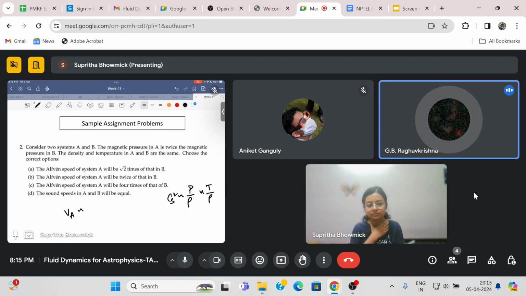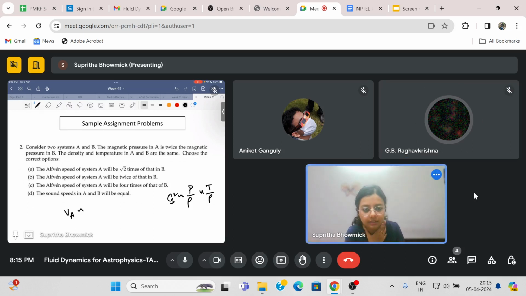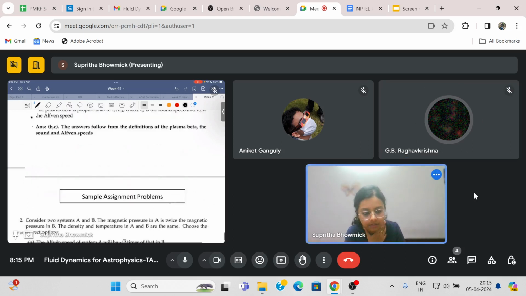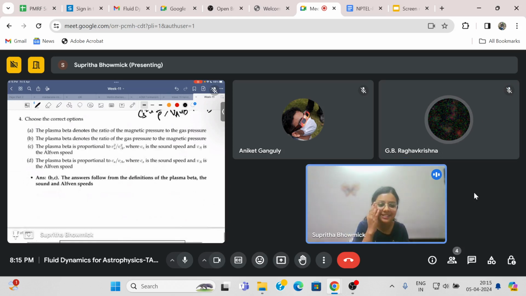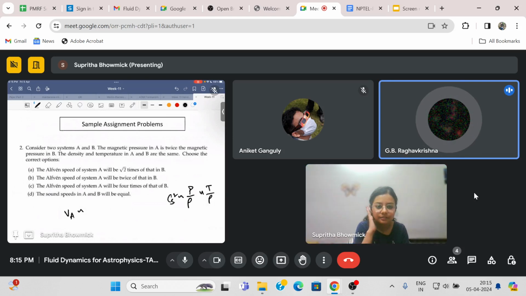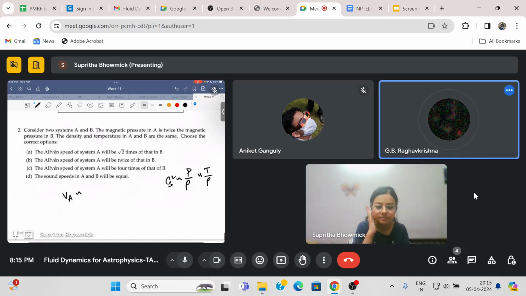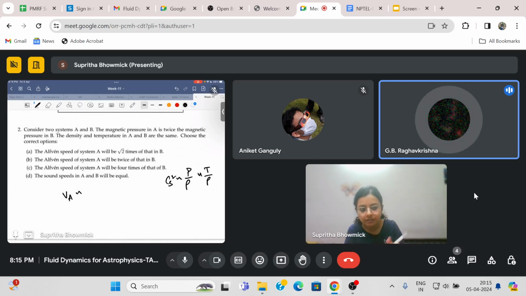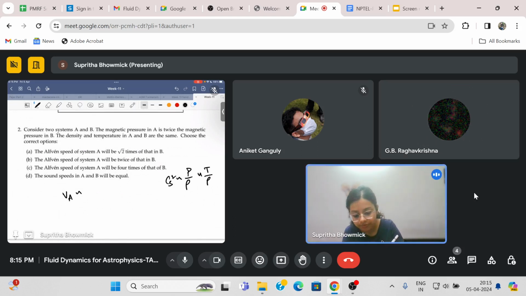Yeah, I said the Alfven speed is given by B squared over something. Yeah, so the Alfven speed squared is given by some constant times B squared divided by rho. Absolutely. Correct. Very good.